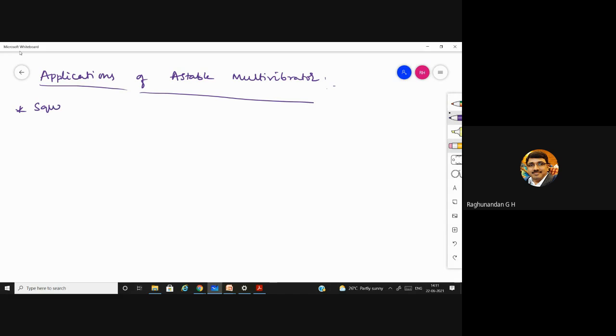The first one is the square wave oscillator, or square wave generator, and the next one is the Schmitt trigger using IC 555.